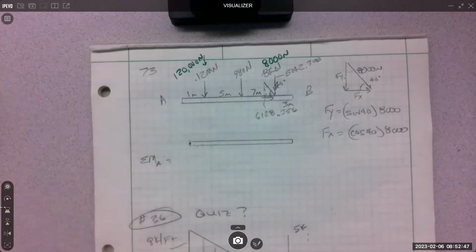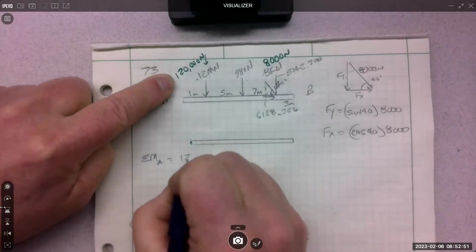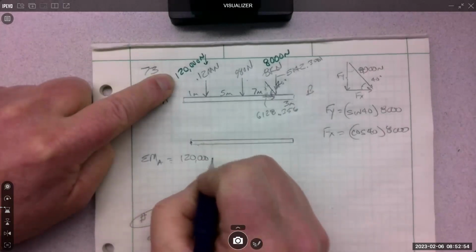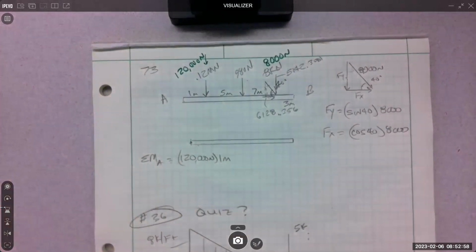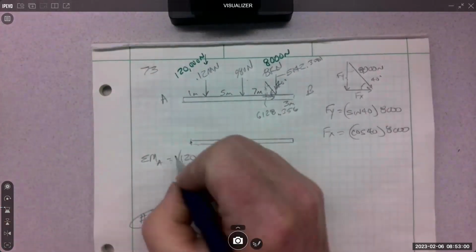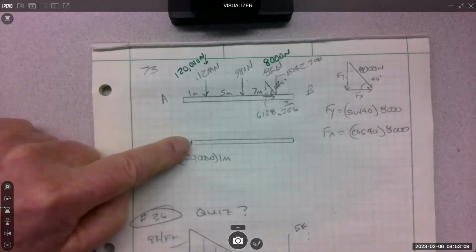So moments at A, I have 120,000 times what? Yep. And positive or negative rotation? Negative. Clockwise. Everyone good with that one? Doing moments at A. Remember where you're doing it.